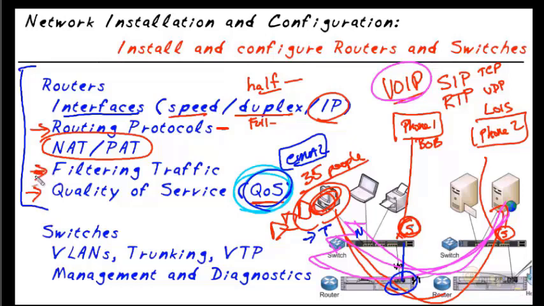Filtering is handy and can be done lots of places, including on router interfaces, by specifying what you want to allow or not allow. And then quality of service is to give preferential treatment by, first of all, marking packets as special, quote unquote, and then training the router to identify those special packets and give them preferential treatment on the network.